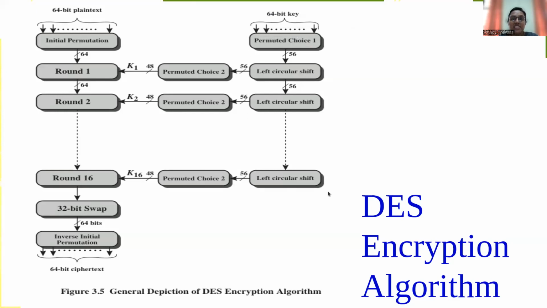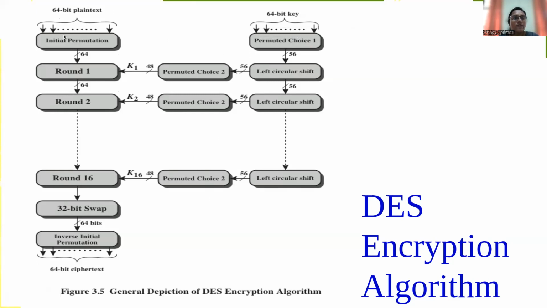We're going to look at this key generation algorithm separately, and at the actual encryption section separately. This is the overall depiction of the DES algorithm. You have as input a block of plain text, which is 64 bits, and a block of key, which is also 64 bits.